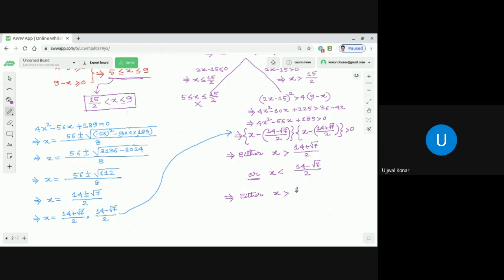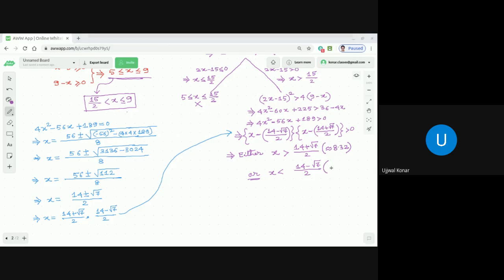We can write it here, 14 plus square root of 7 by 2 is near to 8.32. One approximate value is fine.